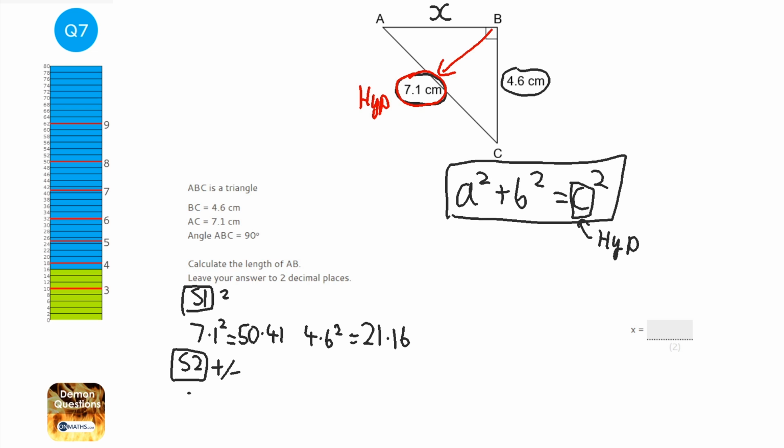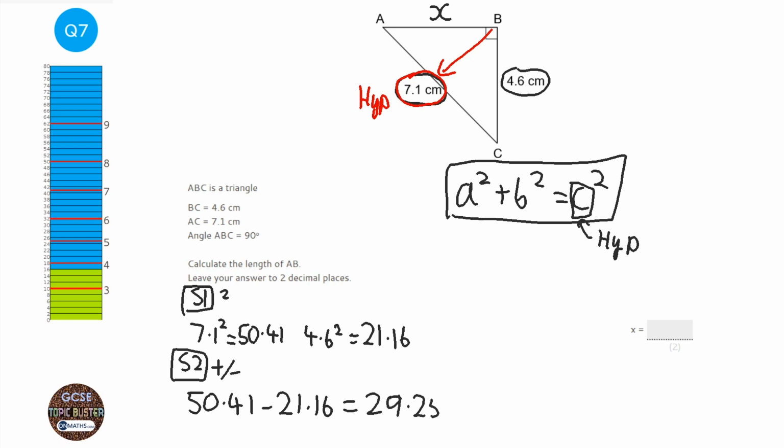So I'm going to do 50.41 minus 21.16, and that's why in step 1 we did the biggest one first, because otherwise you'll get a negative number. So 50.41 take away 21.16 equals 29.25. Okay, and step 3 is a nice easy step. It's just root it.